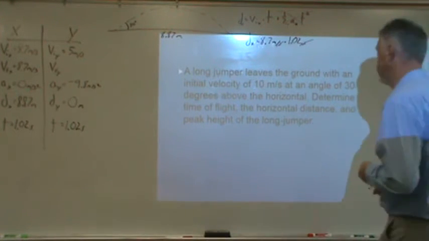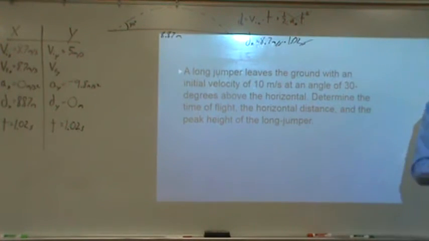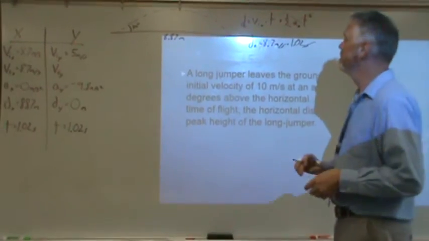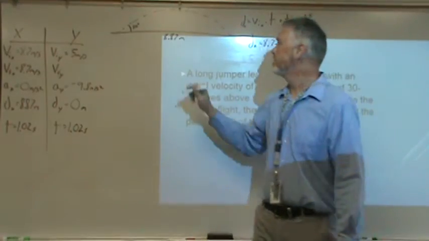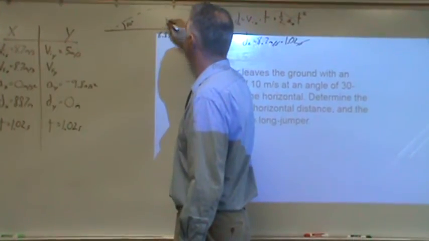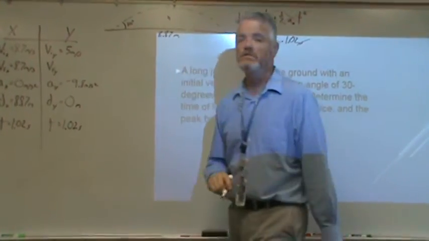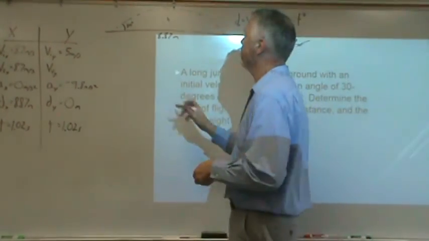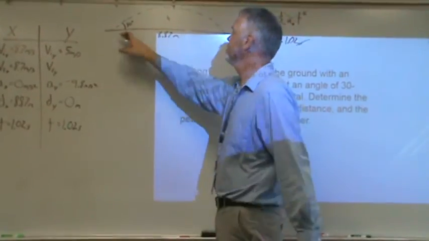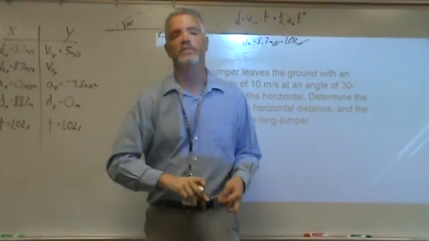The last question, peak height of the long jumper. Where is the peak height, first of all? Right in the middle. Right here. So, it takes him 1.02 seconds to get from here to here for a displacement of 0 in the y direction.